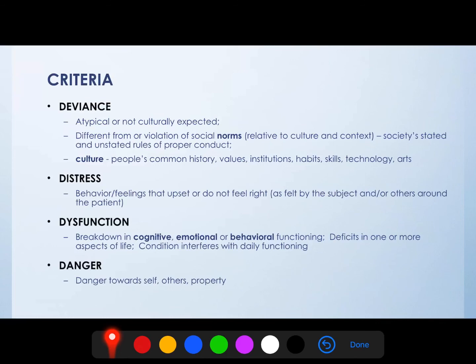And the last, of course, is danger towards self, others, or property. So let's say if you put yourself in harm's way, so let's say for example, you are always drunk, and so when you are, and then you're driving pa from school or from work, so it puts you in danger.